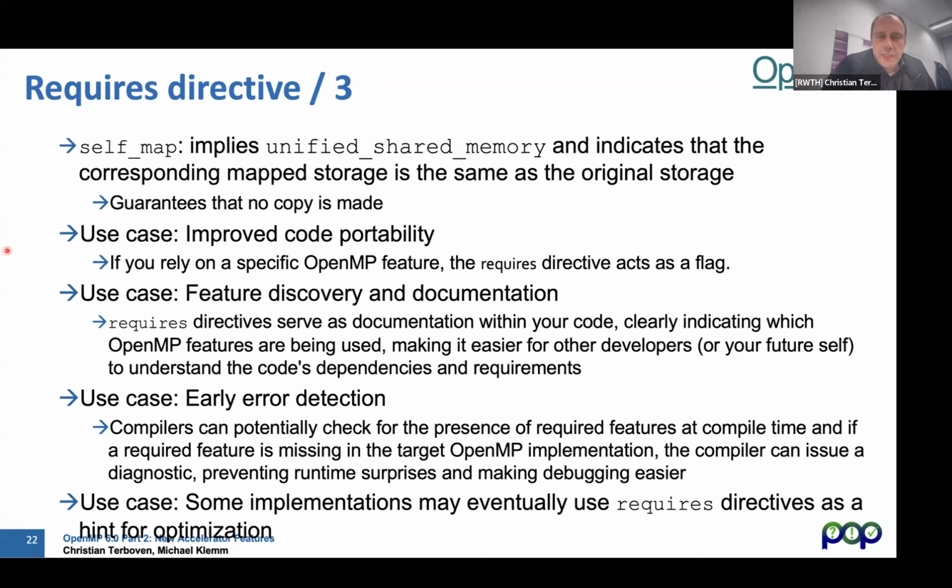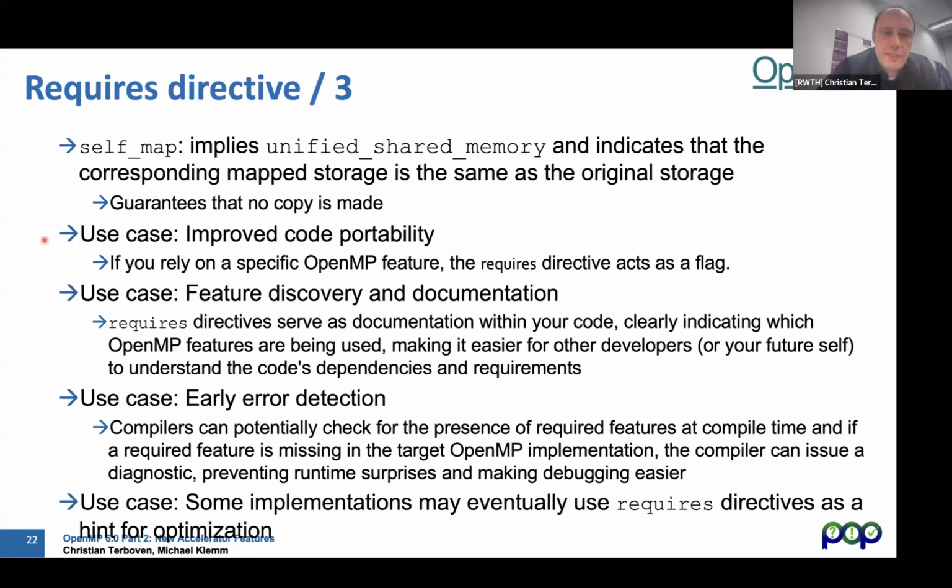So in general, and in addition to the brief examples that I tried to give, what can you do with this? Of course, with the requires directive, you can improve portability. So what do I mean with that?